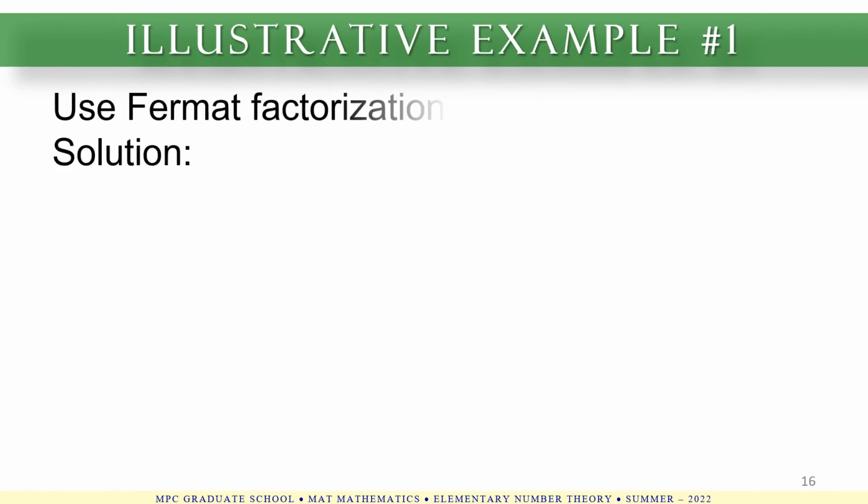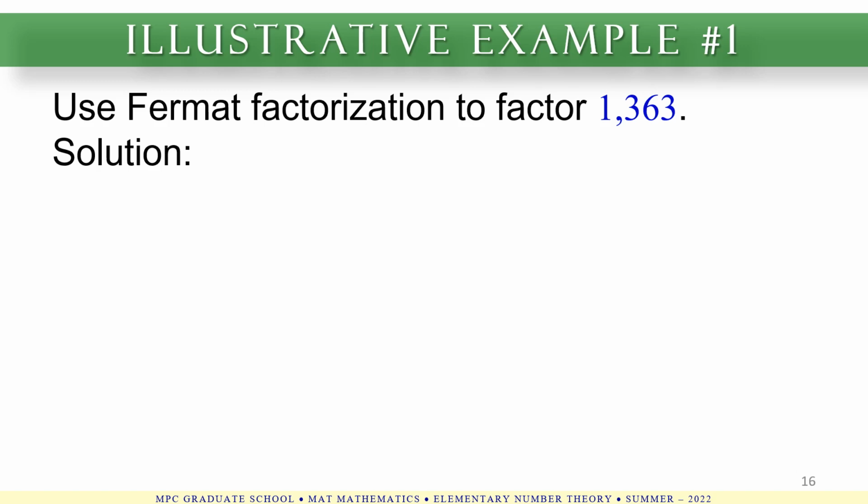Let's have some illustrative example. Use the Fermat factorization to factor 1363. We begin by trying to find some number s, such that the square of s minus n is a perfect square. But how do we find the values that we will have to use?